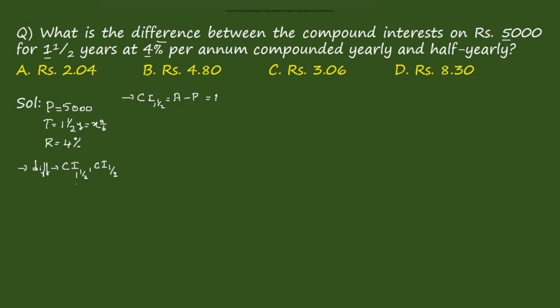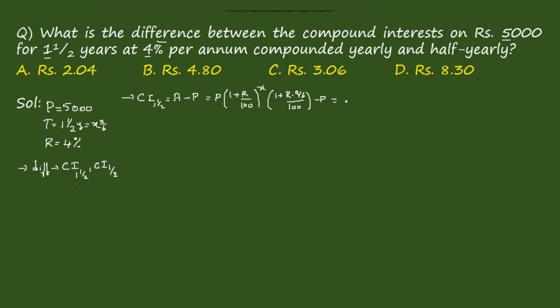It's nothing but P into (1 + R/100)^x into (1 + R·(a/b)/100), minus P, right? Here x is 1, a/b is 1/2. So just substitute the values.